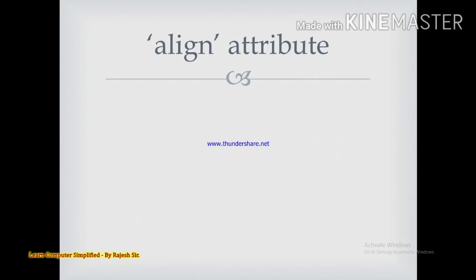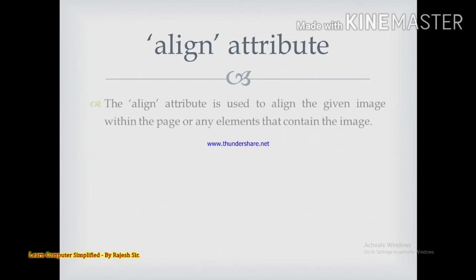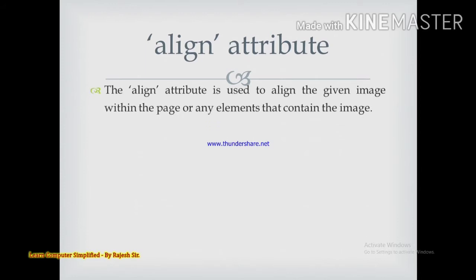But along with the image, if you have certain text content, a table structure or any other content, then the align attribute will work effectively. The align attribute is used to align the given image within the page or any elements that contain the image. It is not necessary that the image will be added directly into the web page. It can be added into any other structures like tables or frames or anything.